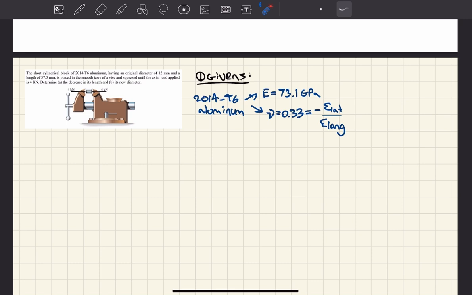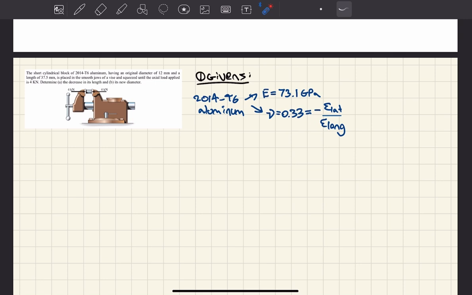If I apply these 4 kilonewton forces longitudinally, what's going to happen in the lateral direction? Well, it's going to expand, right? And if I were to elongate instead of compress, it would compress the diameter of this material in the lateral axis.